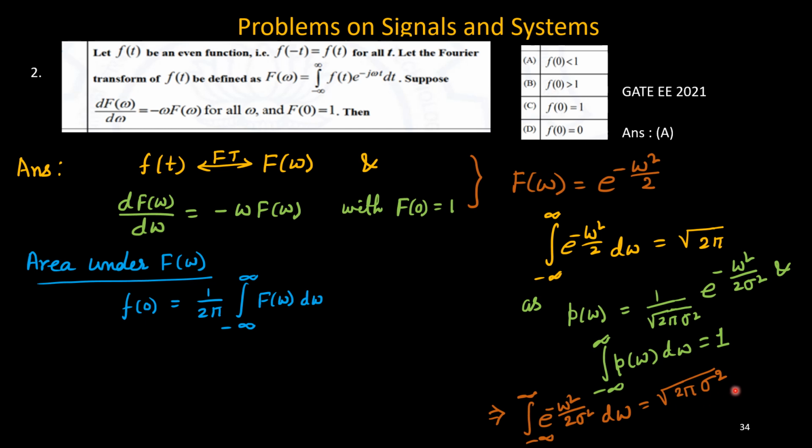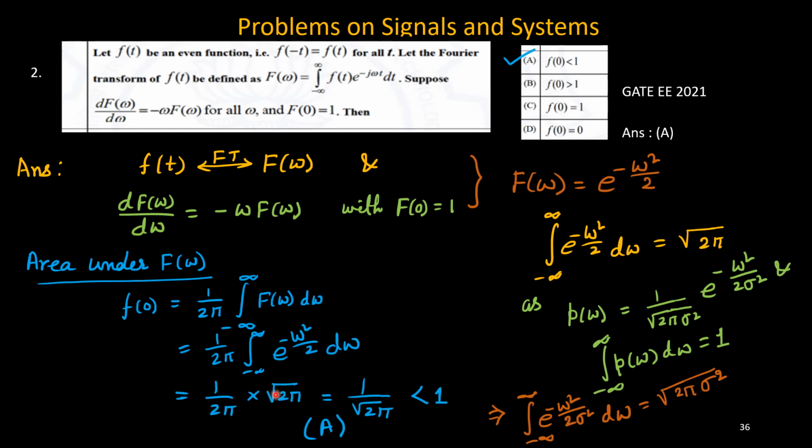And in this case, sigma square is 1, because if I compare, sigma square is not there, it means sigma square is 1. So I can replace sigma square by 1. Thus it is square root 2 pi. So this integration value is square root 2 pi, that I can replace. So this function is square root 2 pi, and here it's 1 upon 2 pi. So total is 1 upon square root 2 pi.